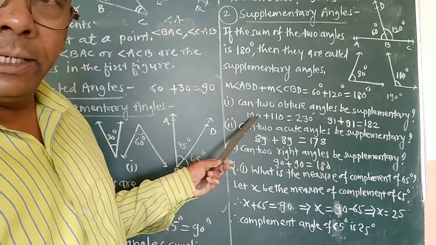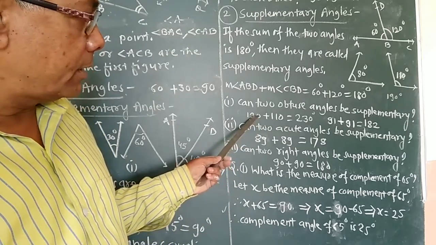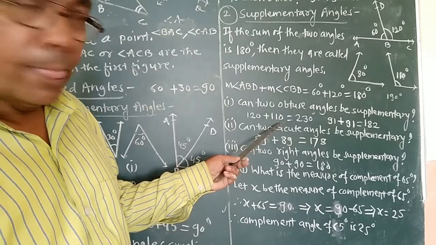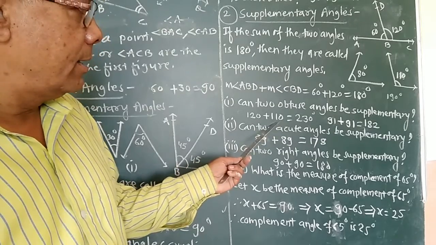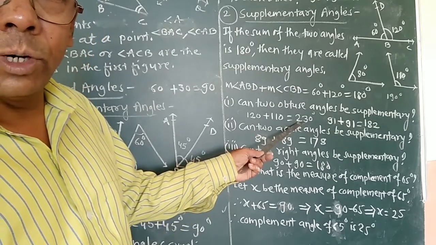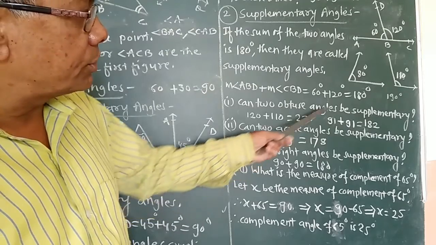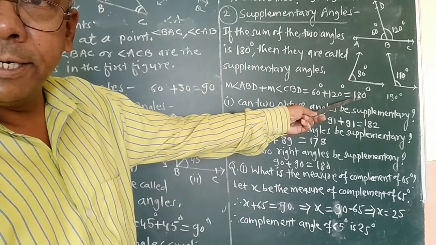Here 120 is obtuse angle, 110 is also obtuse angle, and if we add, then we will get the sum 230 degree, which is greater than 180 degree.